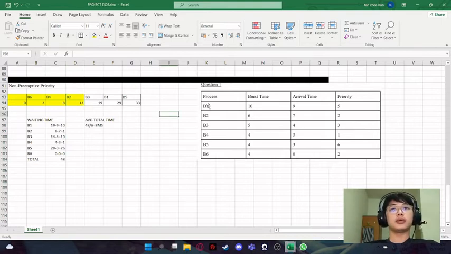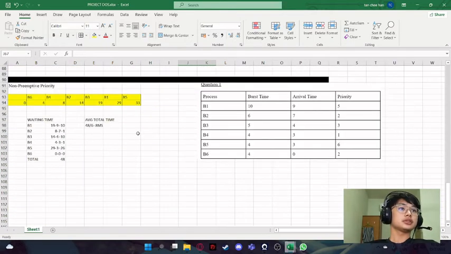Okay, both are more than 9 already, so no need to care about the rest of the time. Then B3, because B3 is the third priority, and then B1 5, B5 6.